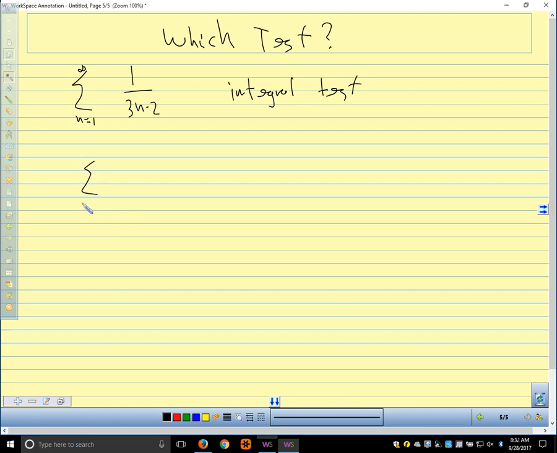How about this one? The sum from n equals 1 to infinity of 1 over n times the 4th root of n. You can turn those into fractional powers, multiply them, and factor that out. It's a p series. So what would be an easier way to say it's a p series? 1 over n to the 5/4.